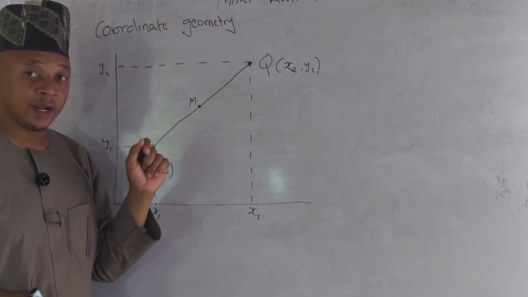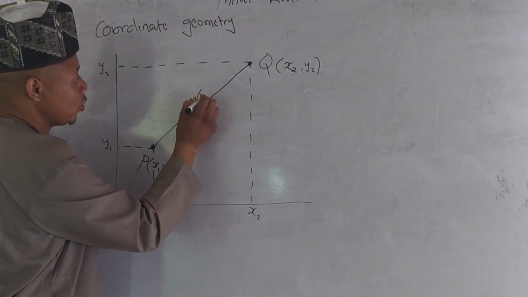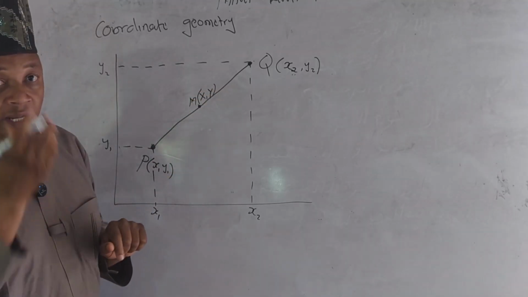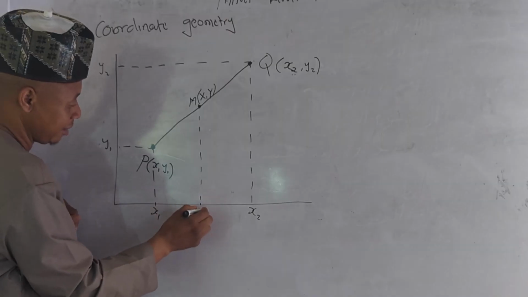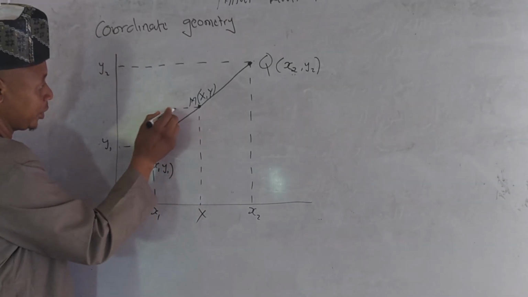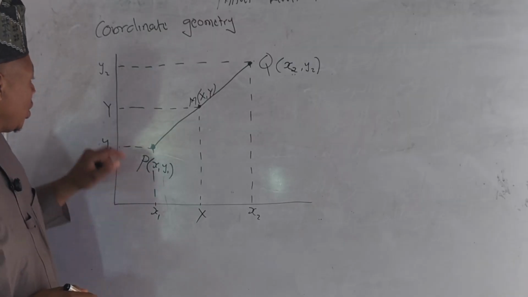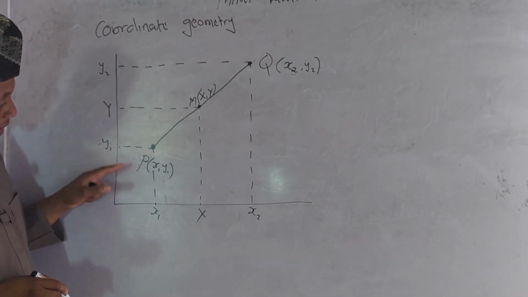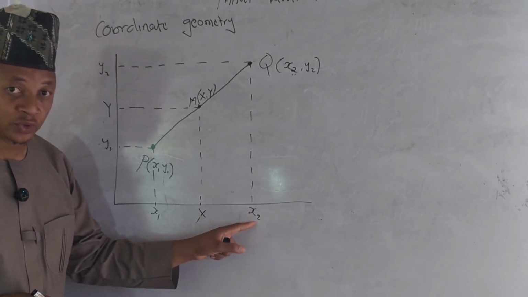So now this M is given by the coordinate X, Y. Let me say this is capital X and capital Y, because on the x-axis here I have my capital X, and on the y-axis here I have my capital Y, where this capital Y is less than y2 but greater than y1, and this capital X is greater than x1 and less than x2.